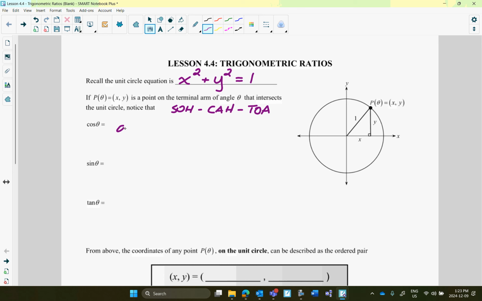Taking a deep breath. Adjacent over hypotenuse. Well, on the unit circle triangle, what side is labeled the adjacent? What side is the hypotenuse? So isn't the cosine of the angle just whatever the x coordinate is of the unit circle?